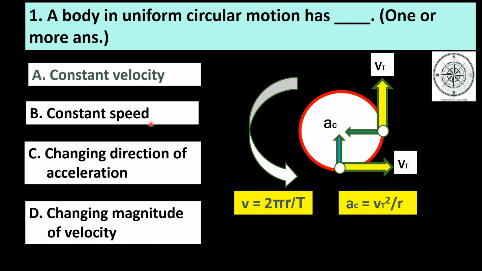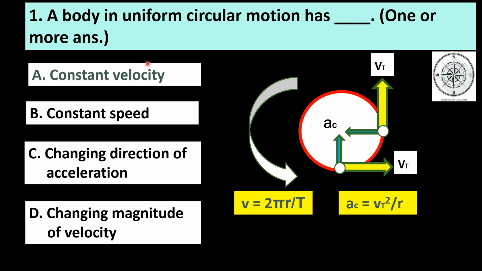In deciding if each of the options here is correct or not, letter A says constant velocity. Uniform circular motion doesn't mean that the velocity is constant, because when you say velocity, it includes not only the magnitude of the velocity but the direction as well. And we just said that the direction of the velocity is always changing.